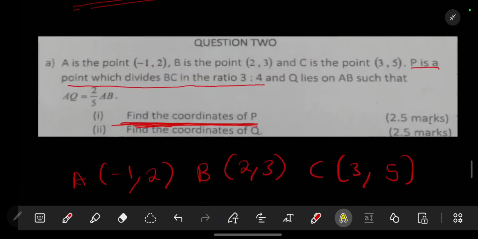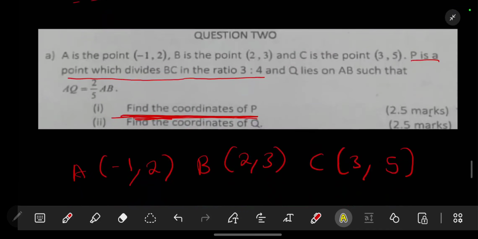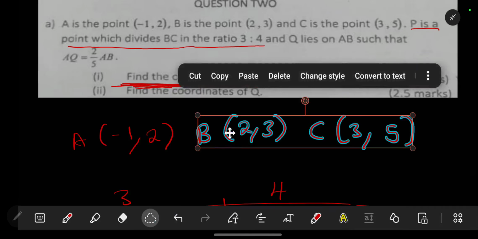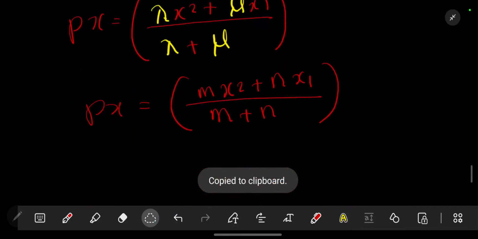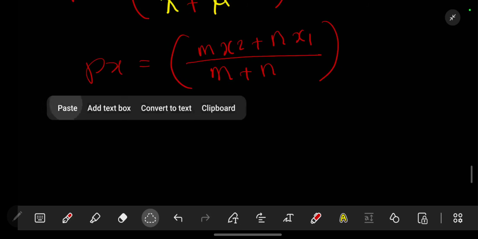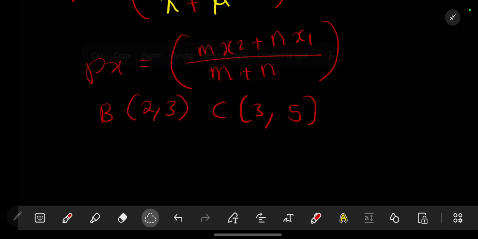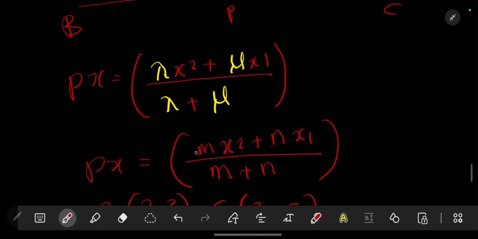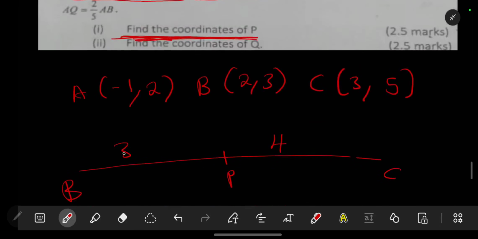Now, how do you use this equation? You look at your points. So you have your BC. Your M and your N is the ratio of division, where M is the first division, which is your 3. Then your N will be your 4.